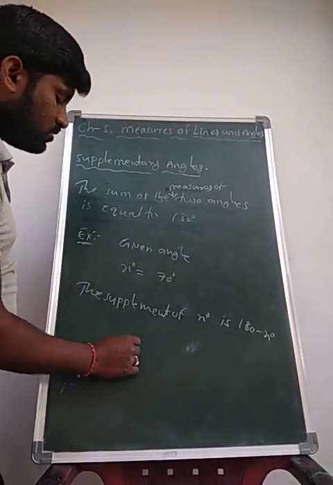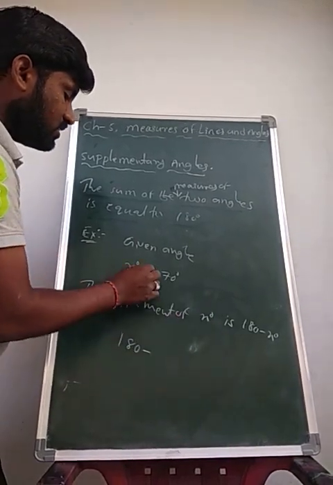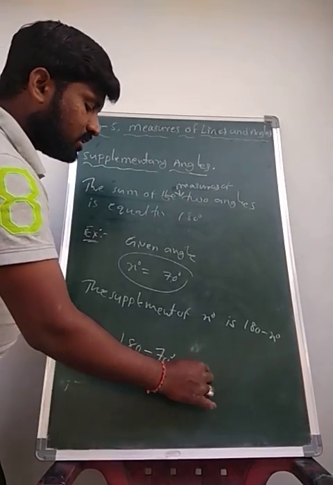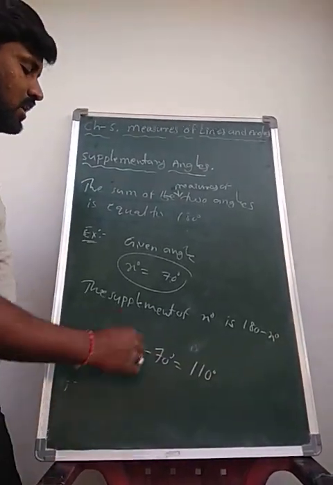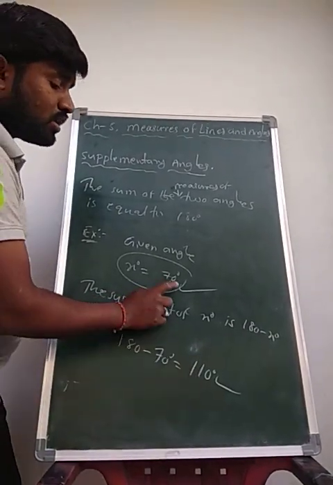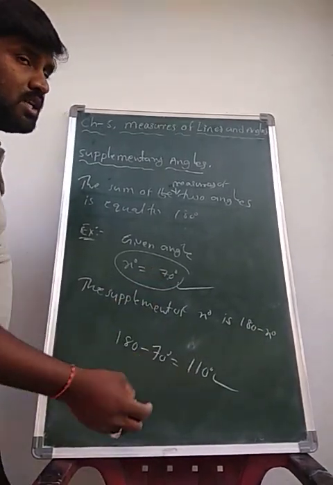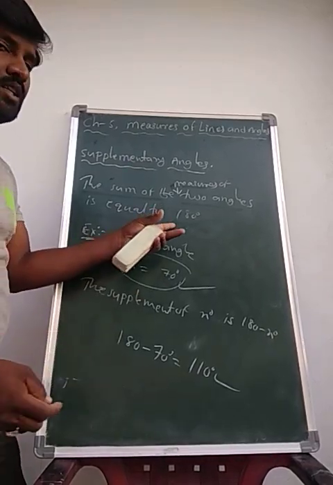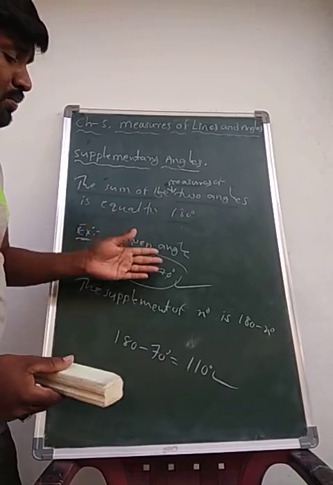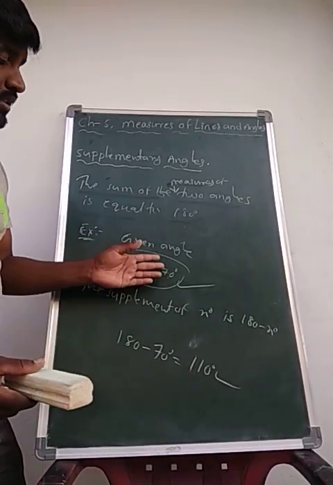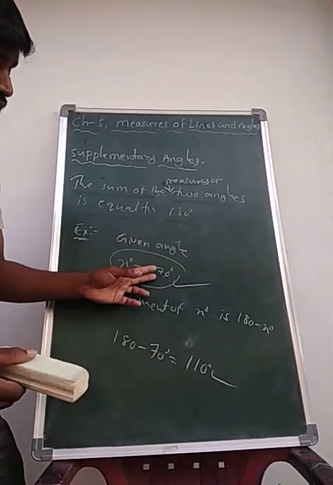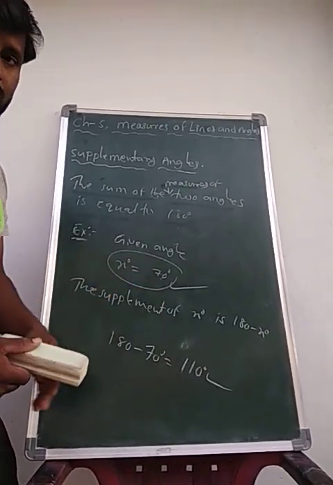That is 180 minus 70 degrees, so that is equal to 110 degrees. Clearly 70 degrees and 110 degrees, their sum is equal to 180. So we call these two angles supplementary angles. Their sum is equal to 180 degrees. Okay, these two angles are said to be supplement to each other.